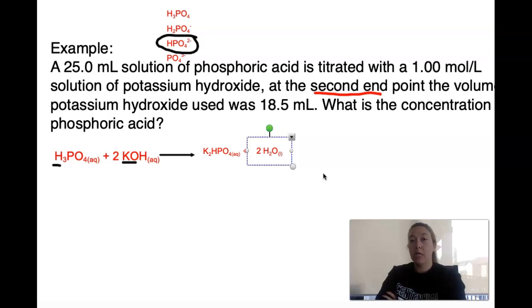You have to be able to calculate them. But like I said, really the hardest part of this is going to be writing those balanced chemical equations, because they're not just going to be double replacement, and they take practice to figure out what equivalence point am I going to, what's the product going to be, and then how do I actually make that. Okay, so that's your titration curves and your calculations for when you have those multiple endpoints.